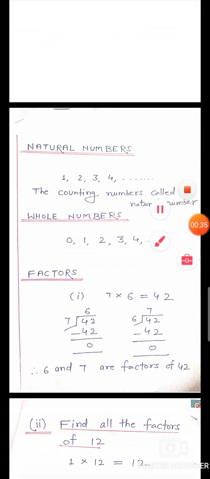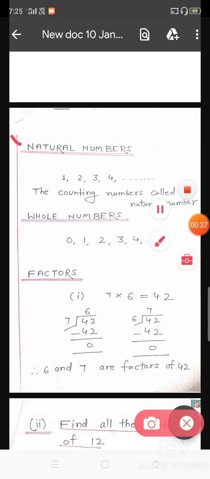What are natural numbers? My students, as you can see on the screen, the counting numbers are called natural numbers, right? Means 1, 2, 3, 4, and so on. All these numbers are called natural numbers.